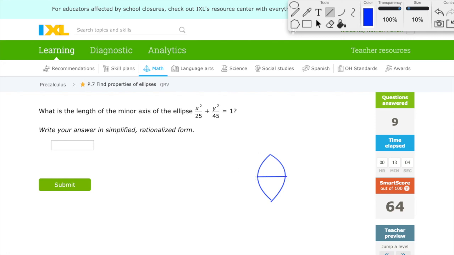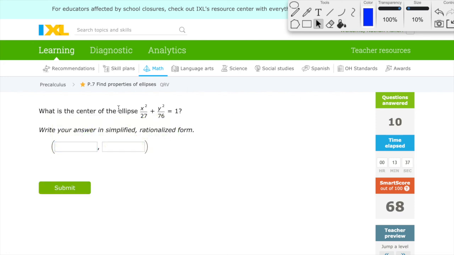So I need to figure out what this coordinate is and what that coordinate is. To do that, I'm going to think about the square root of the smaller number because it's minor. So the square root of 25 is 5, so that tells me this x value is negative 5. This is 5. If 0 is in the middle, these would be 10 apart. So the length would be 10.